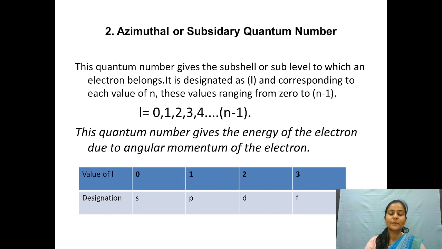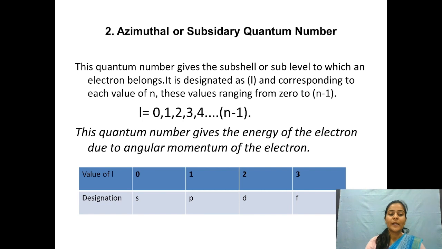Each value of n has values of l ranging from 0 to n minus 1, or you can say the values of l vary as 0, 1, 2, 3, 4 and so on up to n minus 1, and this quantum number gives the energy of the electron due to its angular momentum.